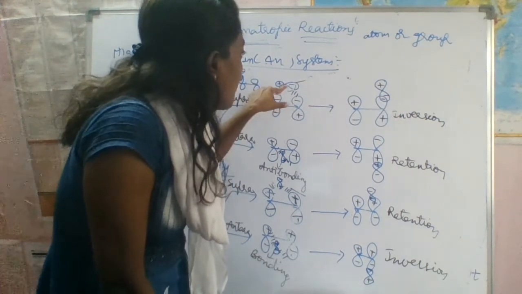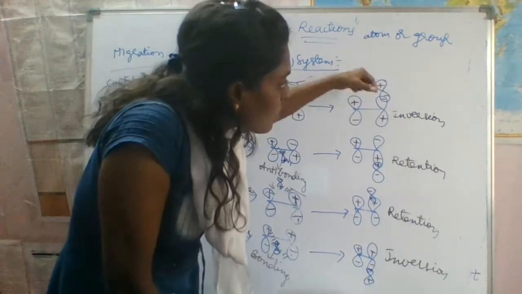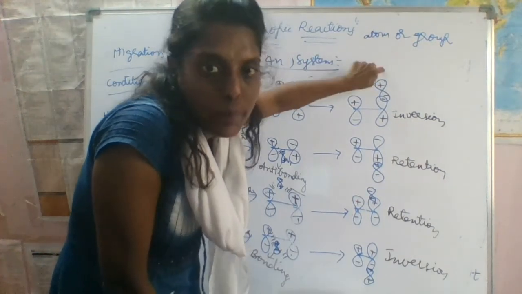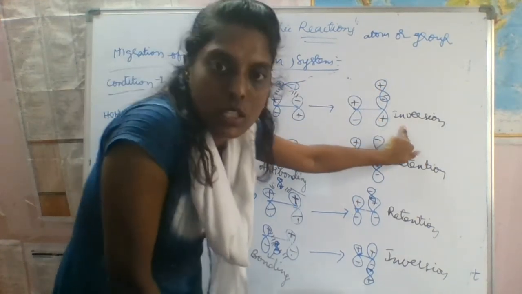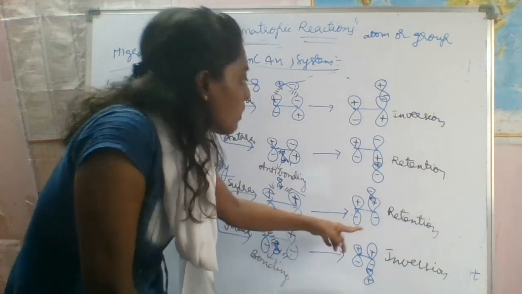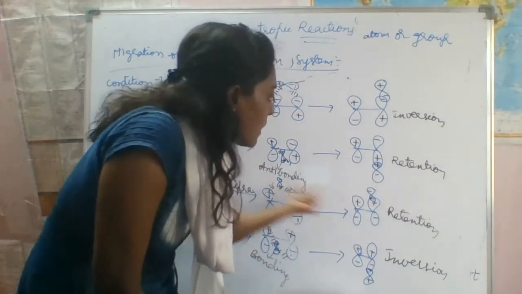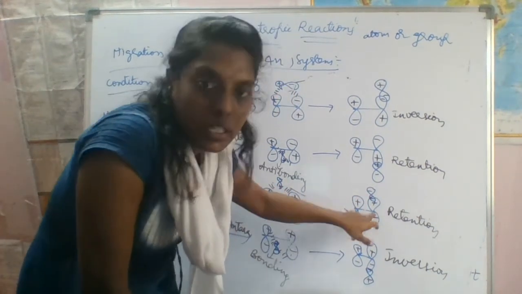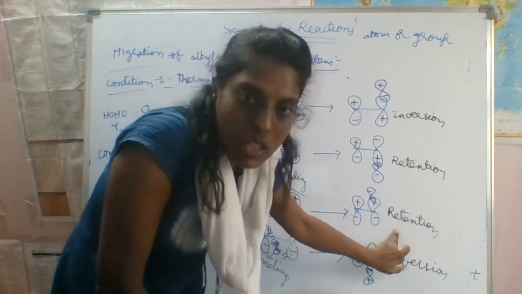Here positive is there, but this positive will go upside, so that's why this configuration is said to be the inversion. But in this case, this group is retained as it is, so this configuration is said to be the retention configuration.